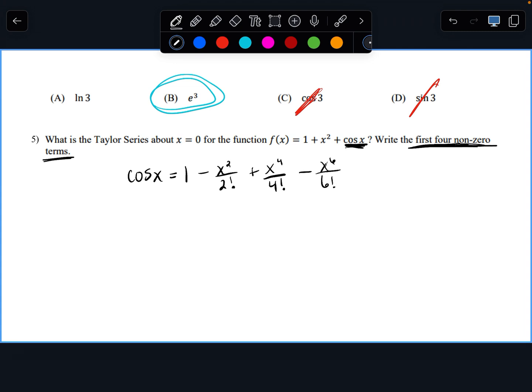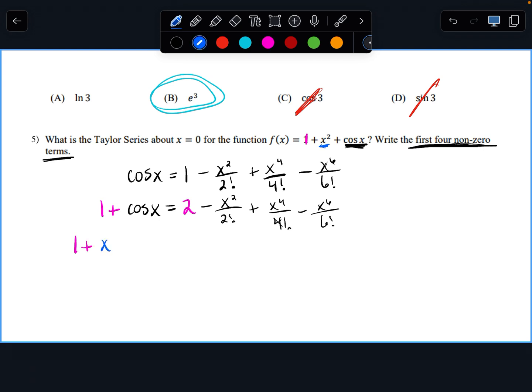Okay. So then what you're going to do is, again, do all your algebra junk. I'm going to add 1 first because it's first in line. That's the only thing. So I'm going to add 1 to both sides. So what does that turn into? 2 in the front. Everything else stays the same. Right, because I did 1 on both sides. Now I'm going to add x squared to both sides.